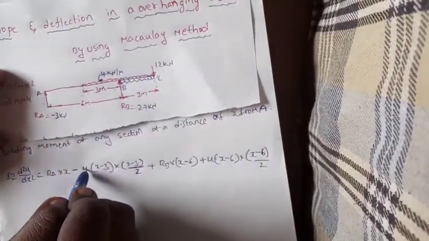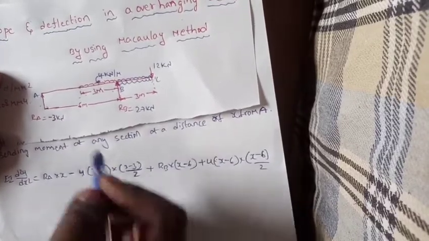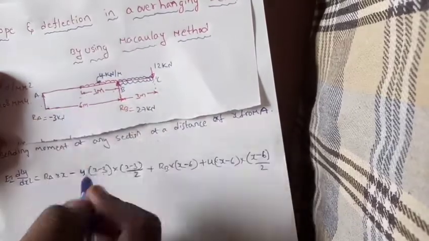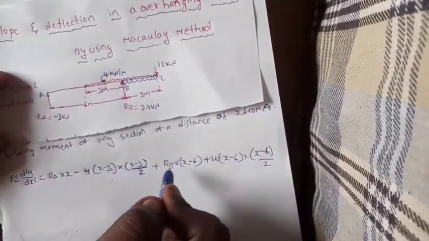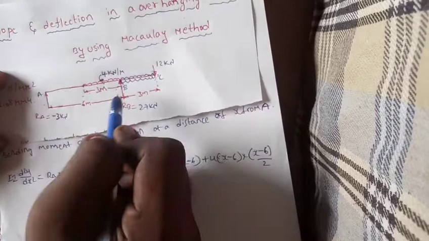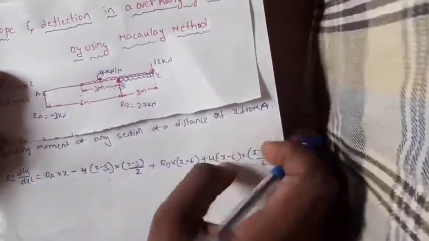So we have to take 4 into x minus 3, we have to deduct this distance, into the centroidal distance, x minus 3 by 2, plus the reaction RB into x minus 6, because we have to deduct this distance.